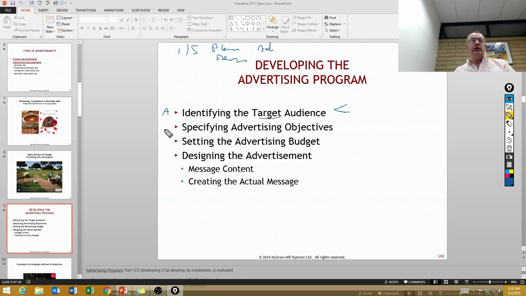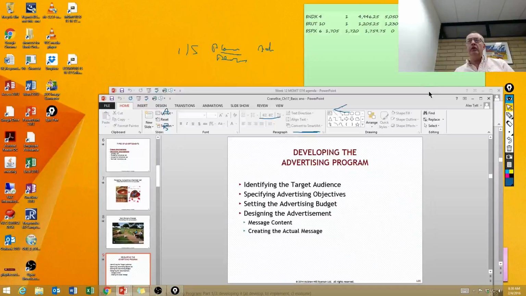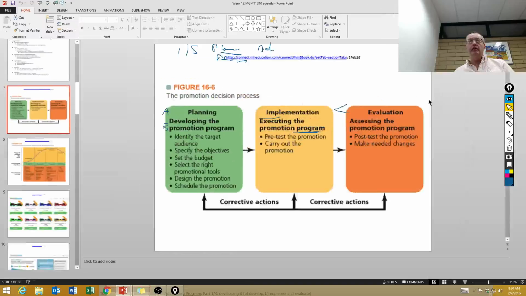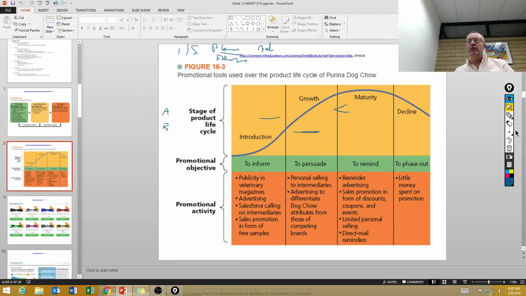Okay, so the second component of the planning stage of our ad program is specifying what our advertising objectives are. So again, I'm going to come back to this little chart in chapter 16. We want to know what the objectives of our ad program are, and the objectives correspond to the different stages of the product life cycle.